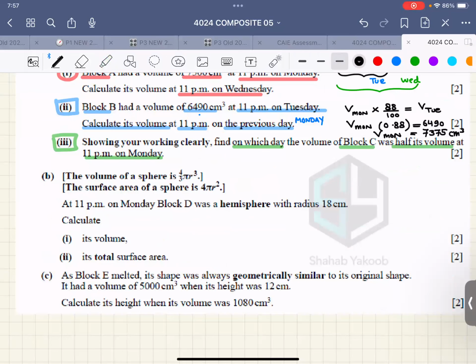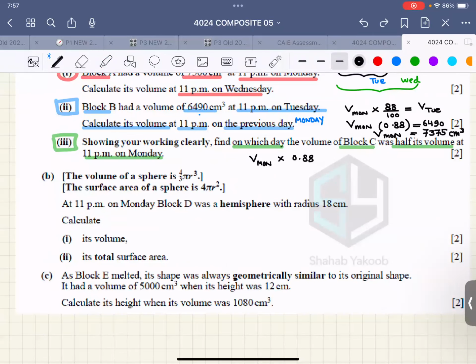That means the volume on Monday, V, is multiplied by 0.88, and we don't know how many times we have to do it. So this is 0.88 into 0.88 into 0.88. I'm unsure of that, so basically it's kind of like trial and error.